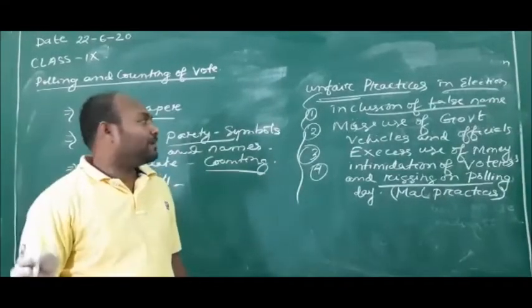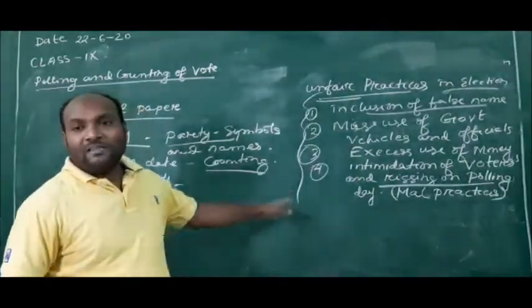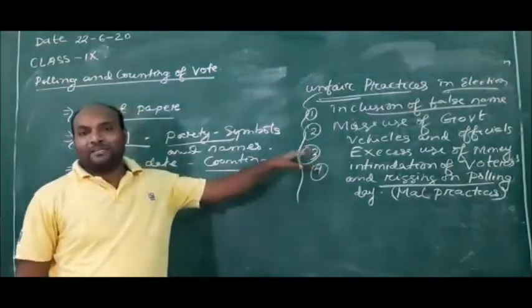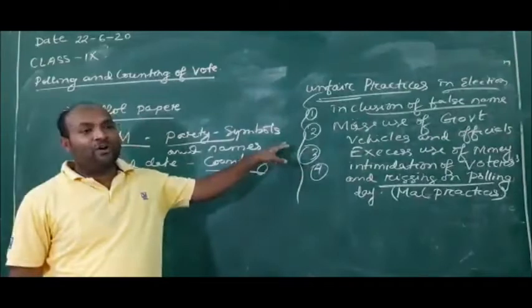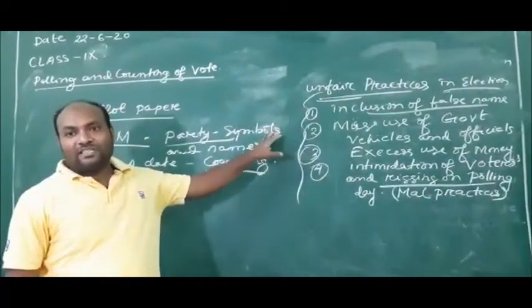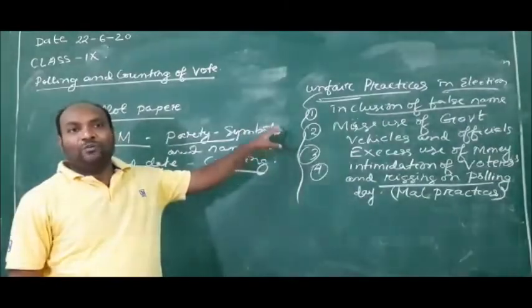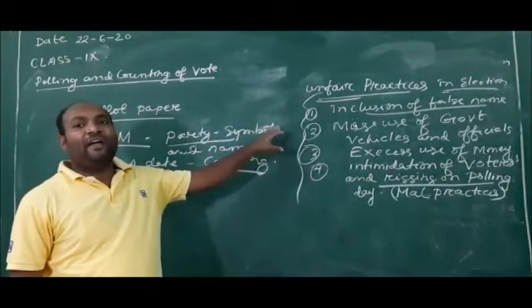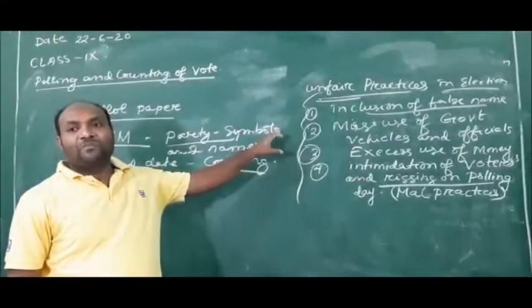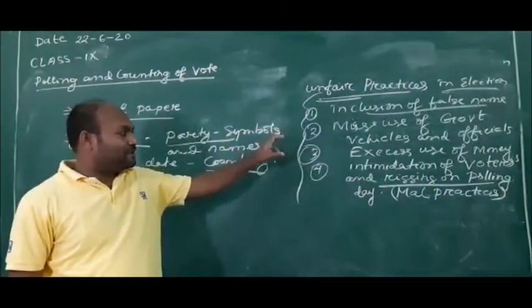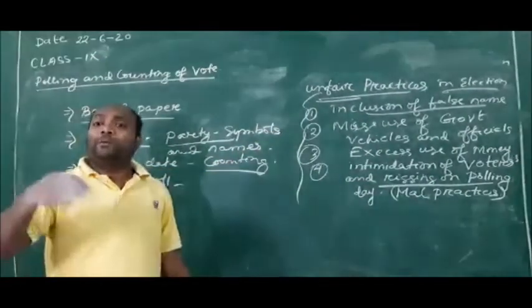In shortcut winning, dear children, we do all these kinds of illegal activities which are not at all good for democracy, because democracy always tells us that we should have free and fair elections. That means we should have the elections in a proper way.